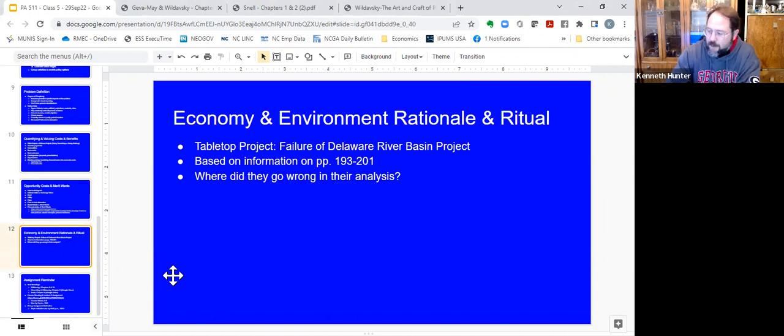So now let's talk about chapter 8, economy and environmental rationale and ritual. We'll actually do this to start class on October 7th. We're going to look at the failure of the Delaware River Basin project, which is on pages 193 to 201 of the Wildavsky text, and talk about where they went wrong in the analysis.